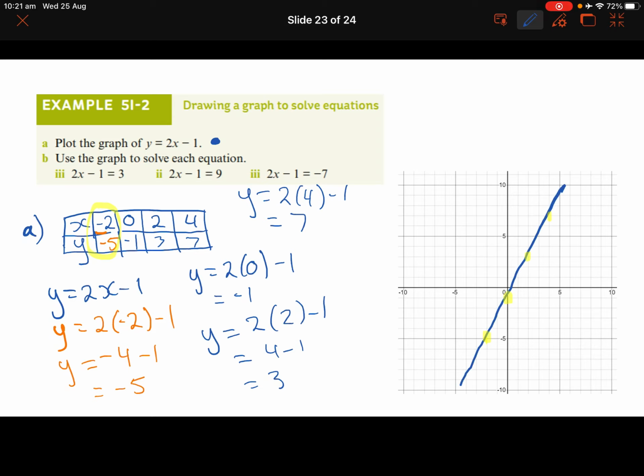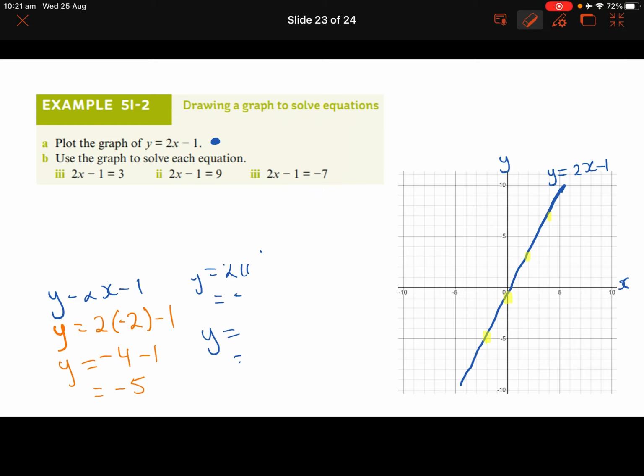That will do. Alright, so I've just plotted my graph, and remember we always need to name it. 2x minus 1. We also should always name our axes. Alright, so that's A. So I'm just going to get rid of that, to make room for the others.